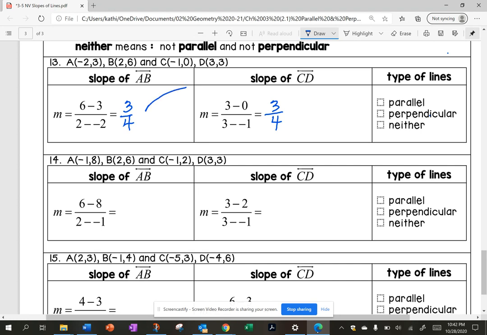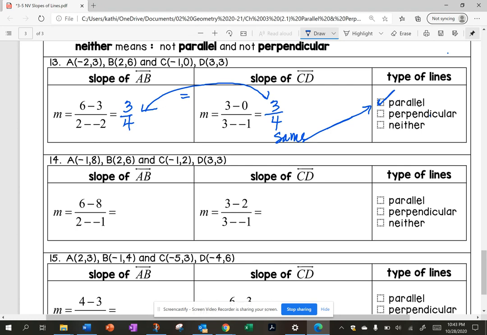So since my slopes are the same, my conclusion is my lines are parallel. When the slopes are the same, my lines are parallel.